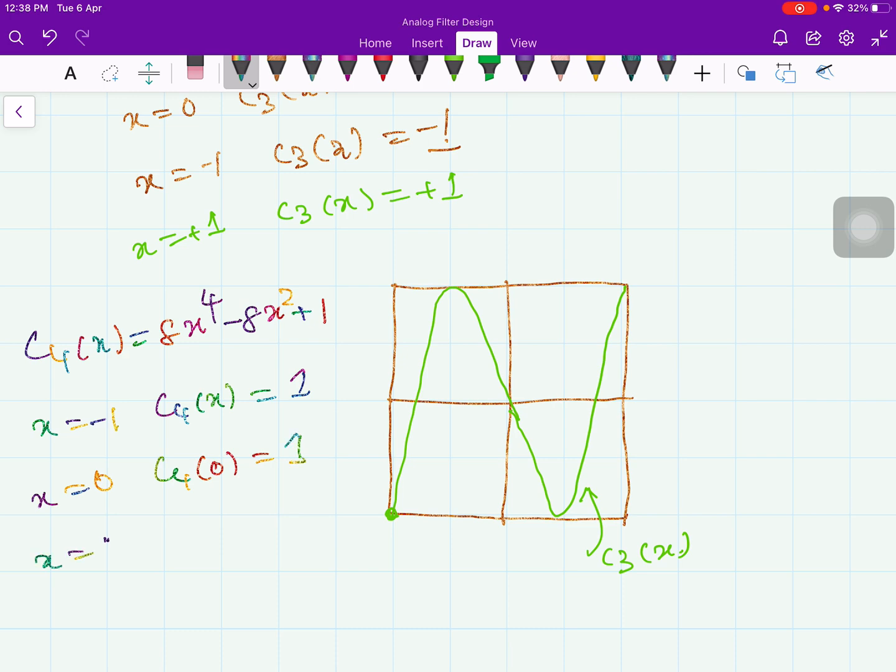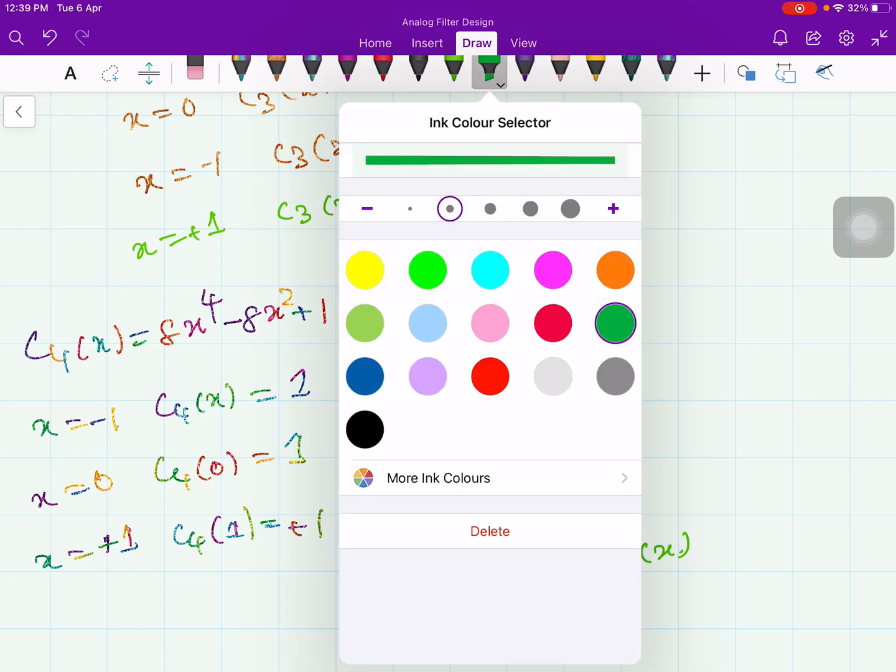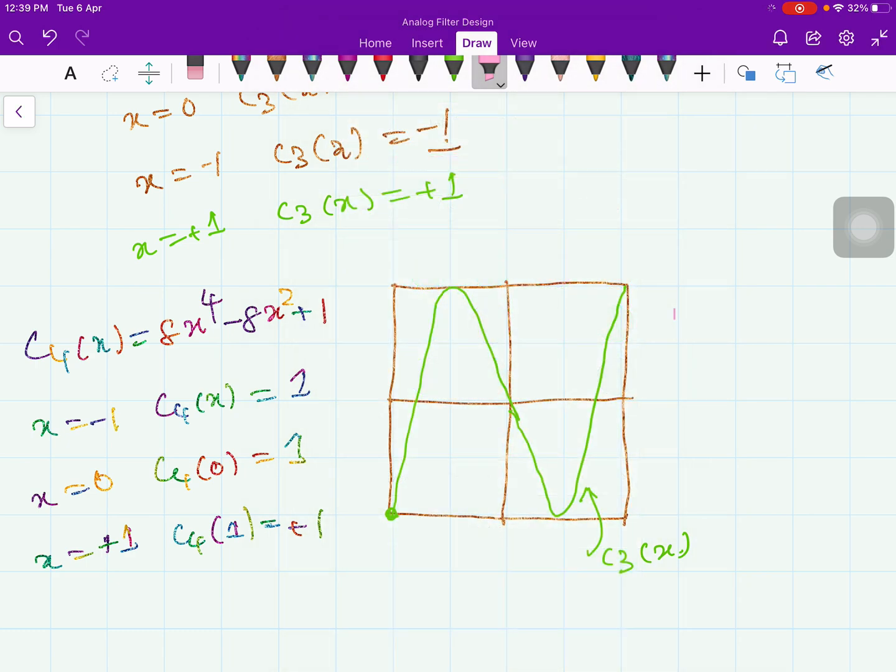When x equal to plus 1, then C4 of plus 1 is again plus 1. That means this plot starts from here and again reaches this point and reaches this point.